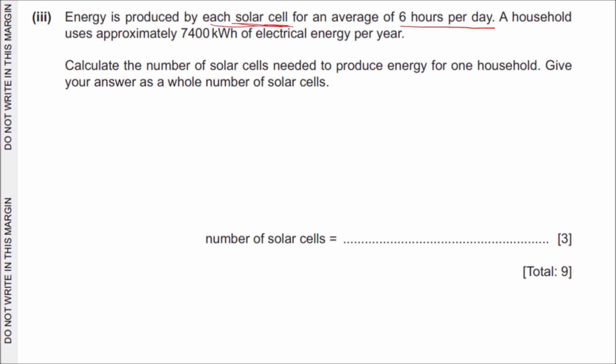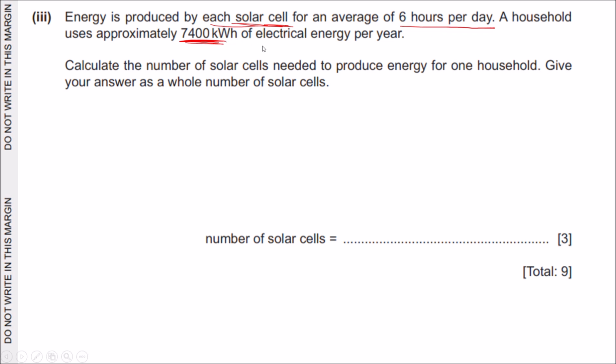A household uses approximately 7,400 kilowatt hours of electrical energy per year. So energy requirement per year is 7,400 kilowatt hours. Calculate the number of solar cells needed to produce energy for one household. Here we are given information about one solar cell, how much time it runs a day, and how much energy is required.